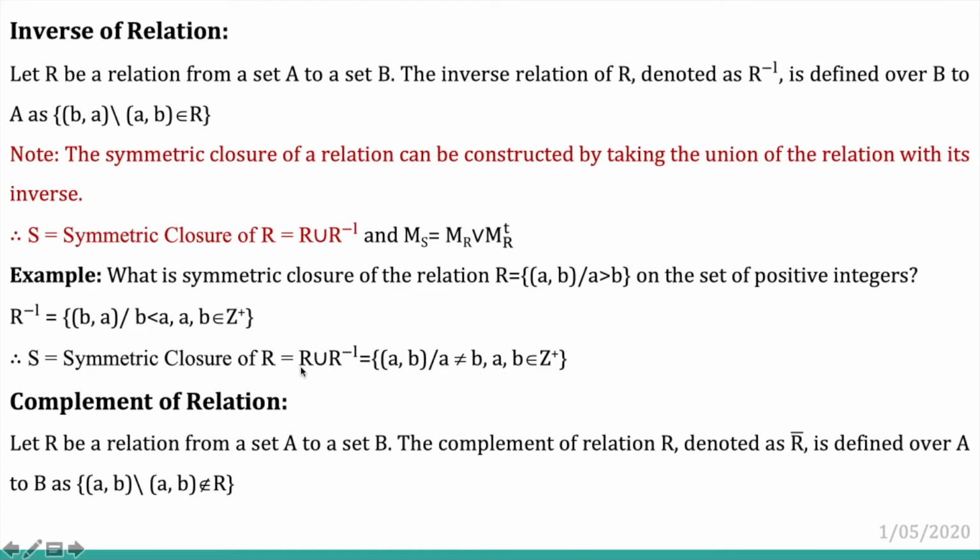By performing this union operation, we obtain relation S as a relation that is defined over the set of positive integers which contains ordered pairs A, B where A is not equal to B.